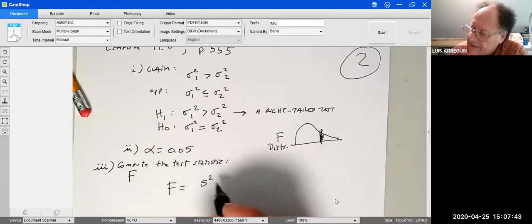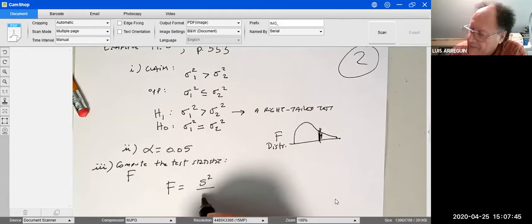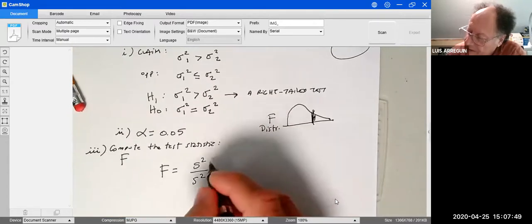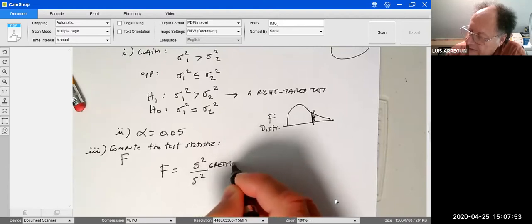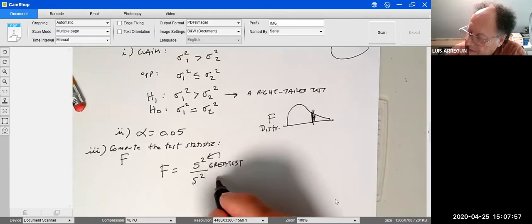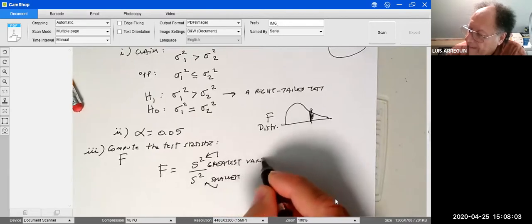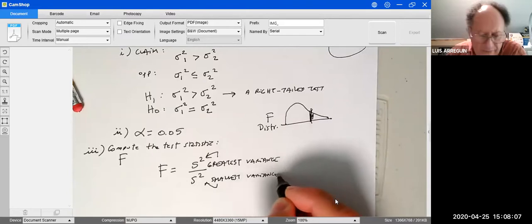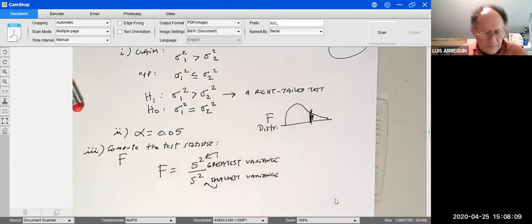So F is going to be the variance from one sample divided by the variance of the other sample. This is the greatest variance, and this is going to be the smallest variance. Okay, so let's check the information that we have.